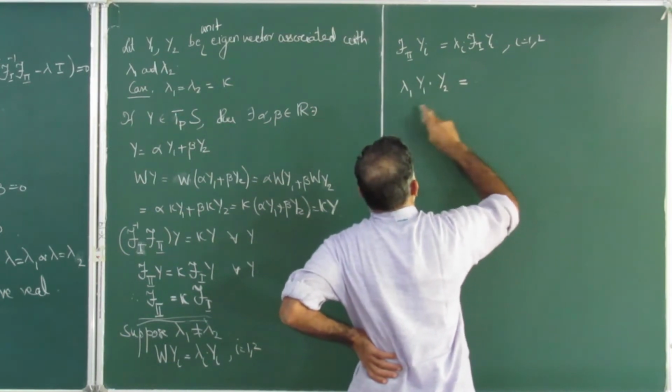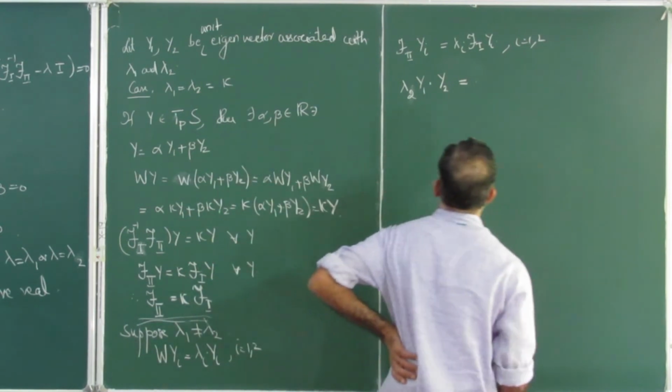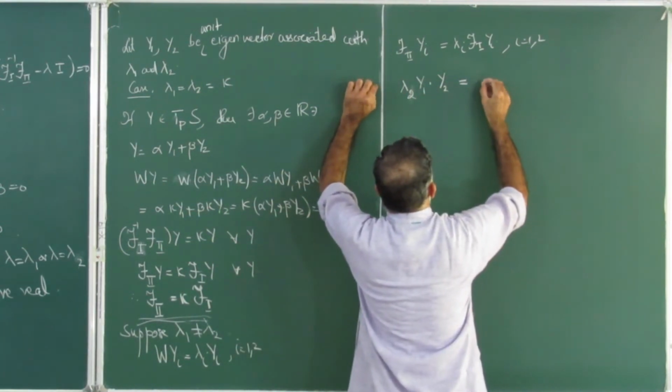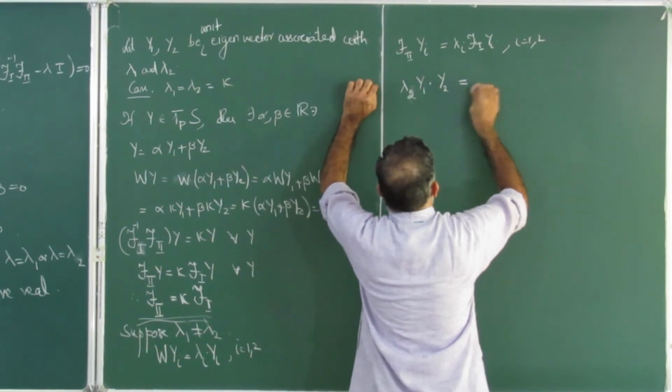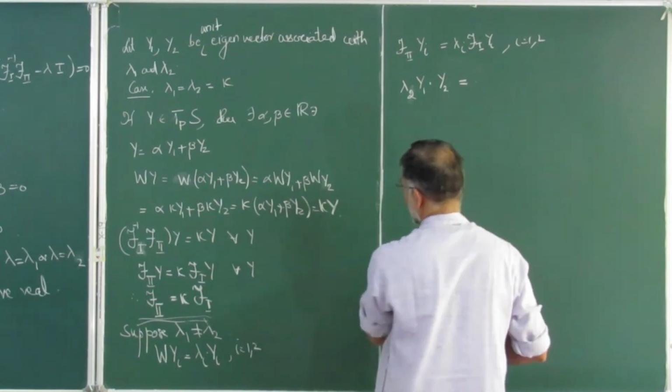Either way is all right. I will have to go for a transpose. So let me write lambda 2 y1 dot, whether it's irrelevant. What is that going to be? This is the dot product, so one has to be careful.